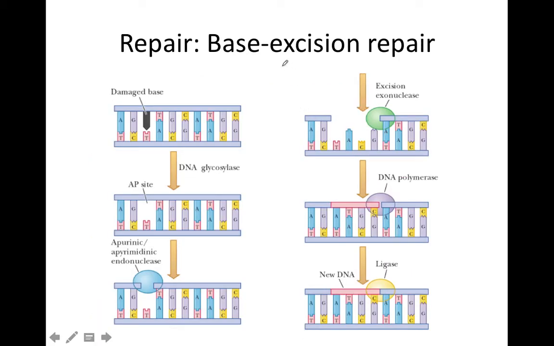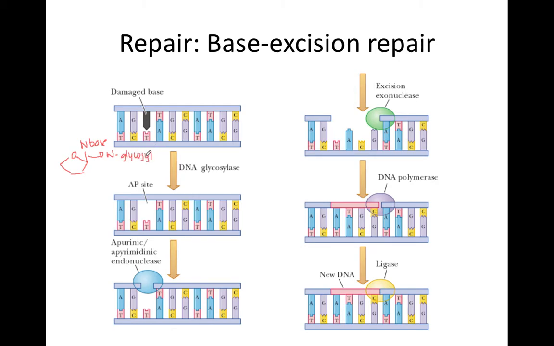Next is we have base excision repair, which is usually used if you have a damaged base, so a methylated guanine or an alkylated base or a broken base structure. So the first thing you do is DNA glycosylase comes in. So if you will remember, your sugar group is connected to the nitrogenous base via an N-glycosyl bond.